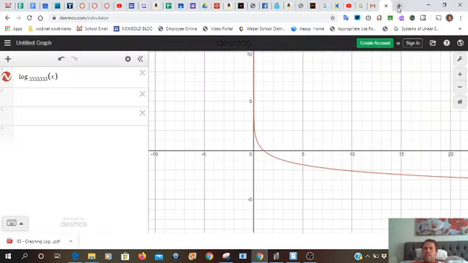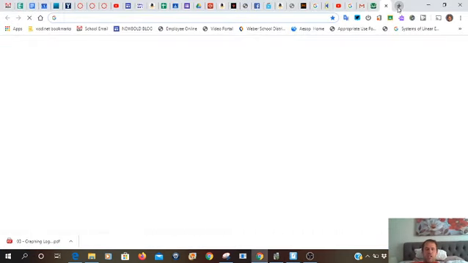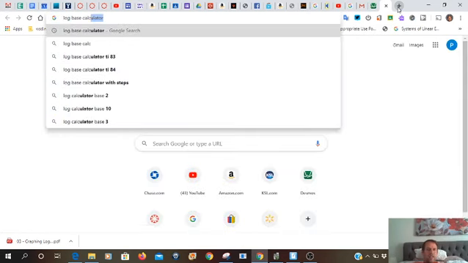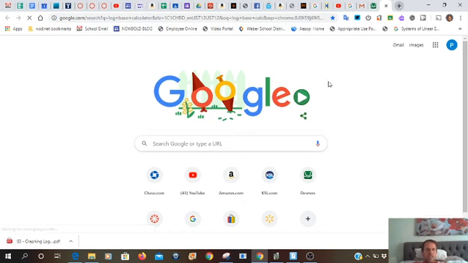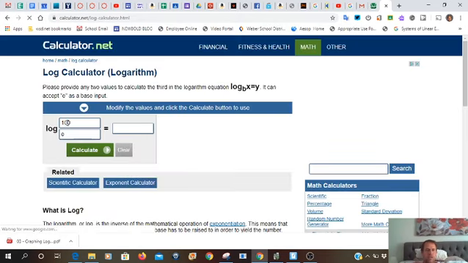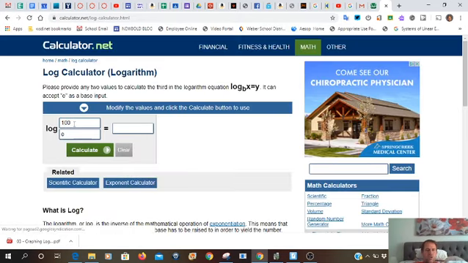Or maybe not even Desmos. Maybe just type in a log base calculator. That's probably a good idea to try, because there are lots of websites that do that. I like to use calculator.net because that's a pretty nice one. So in this case, we have log base b of x equals y.